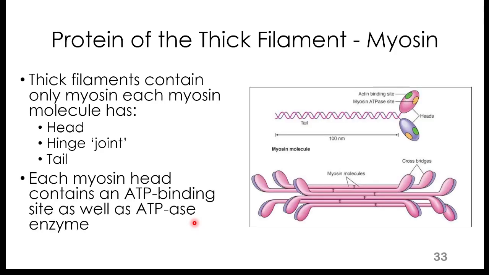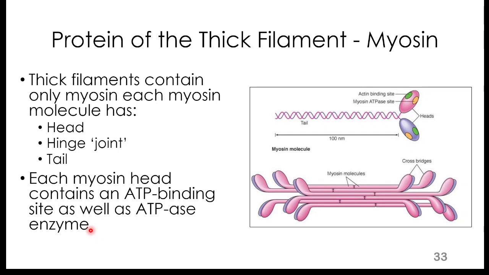All right. So now let's talk about the proteins of the thick filament. Yes, we've already talked about it earlier. But the head also has a hinge or joint and a tail as well. Okay, so this is how it looks: the head, hinge, and the tail. Now, each myosin head contains an ATP binding site, adenosine triphosphate binding site, as well as an ATPase enzyme, adenosine triphosphatase enzyme.